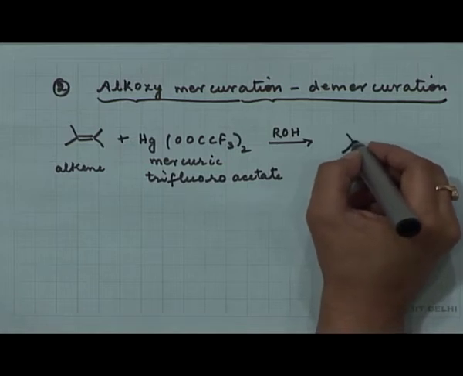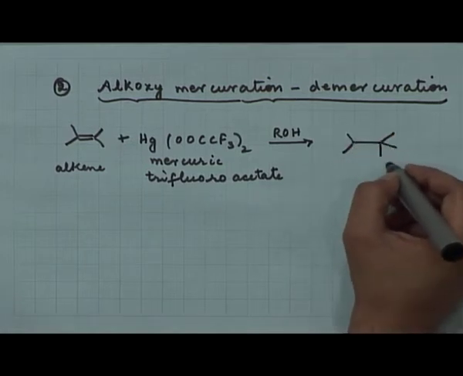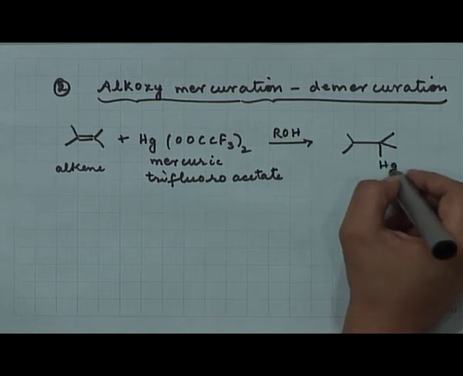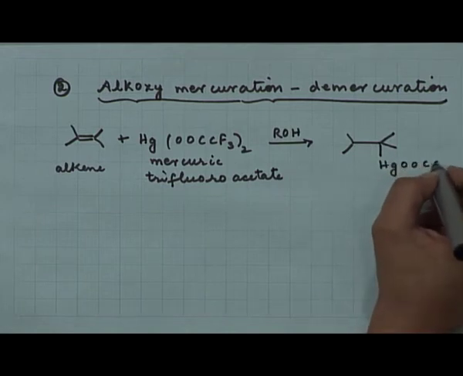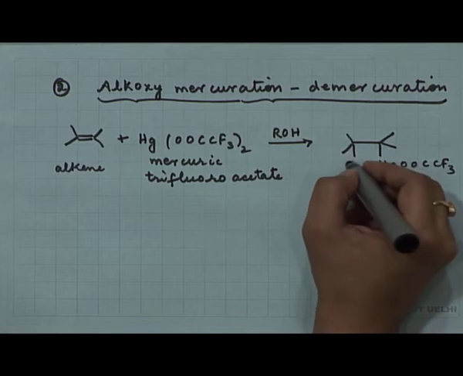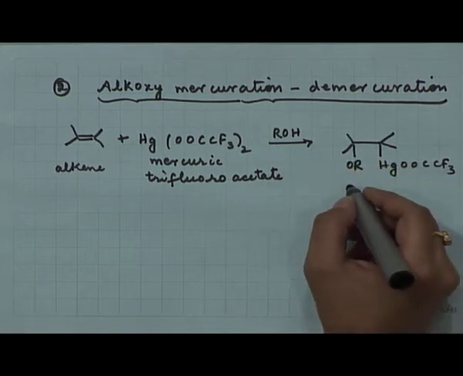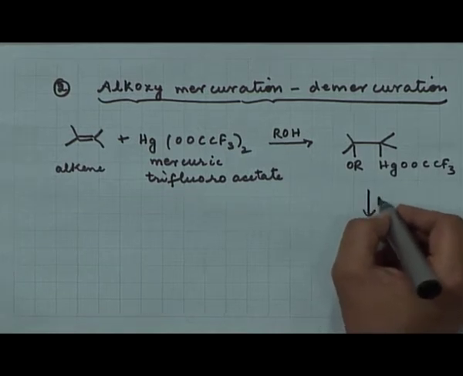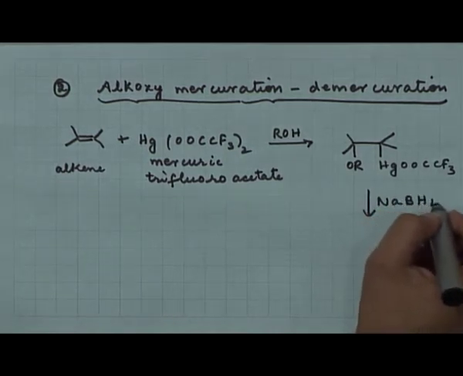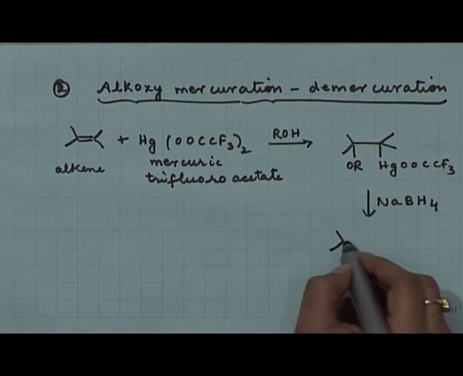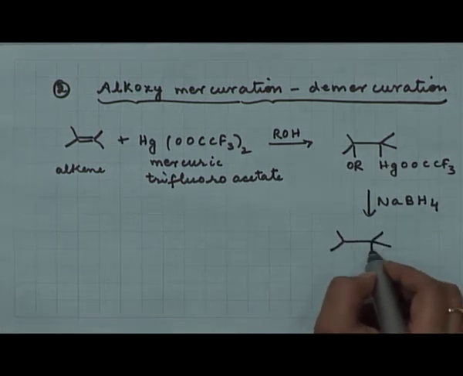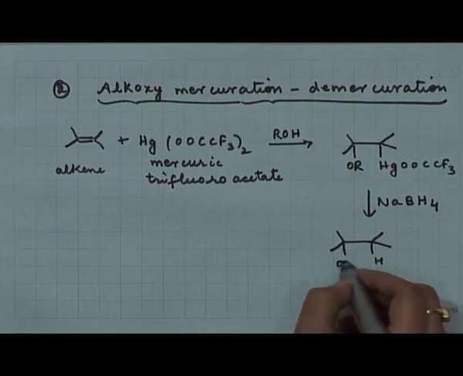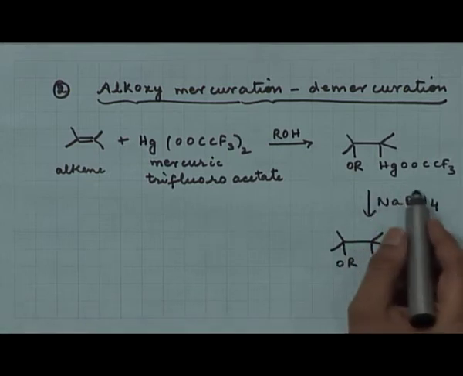So, what you get is this intermediate after alkoxymercuration, which when subjected to reduction with sodium borohydride gives you the corresponding ether after reduction of this mercury group.